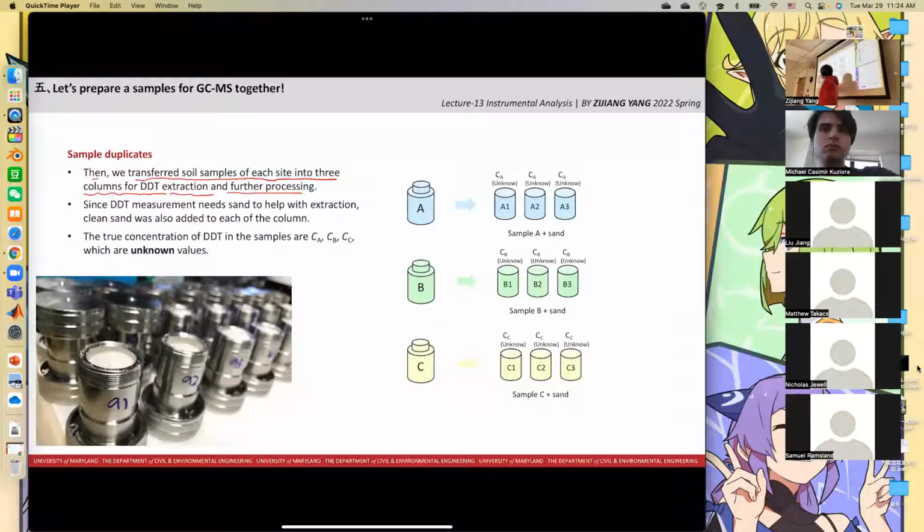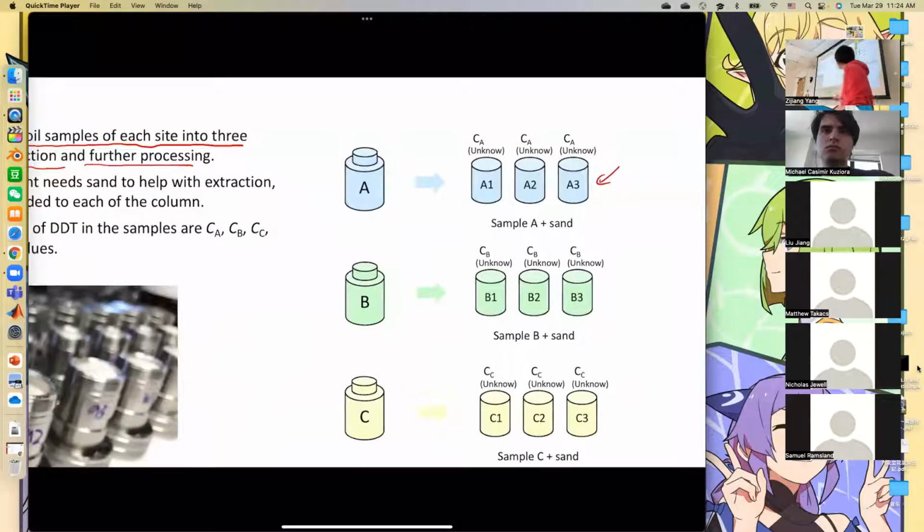Then we can use an organic solvent to extract DDT from the soil sample. In this case, we prepare 3 columns for each sample so that we can have triplicates. Note that the concentration of DDT in each column is unknown. So they are all unknown values.